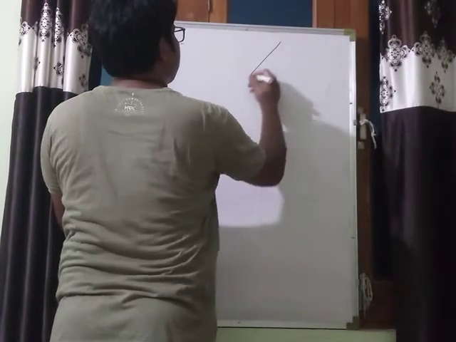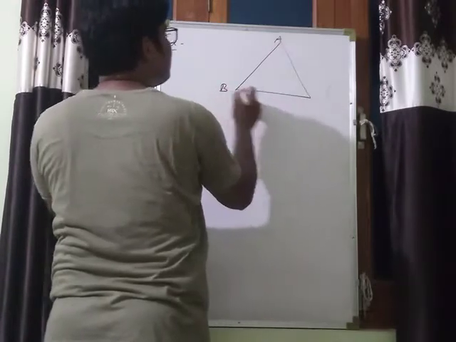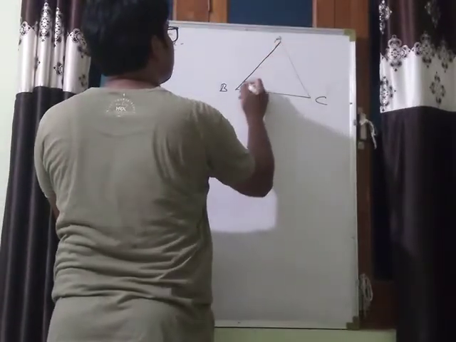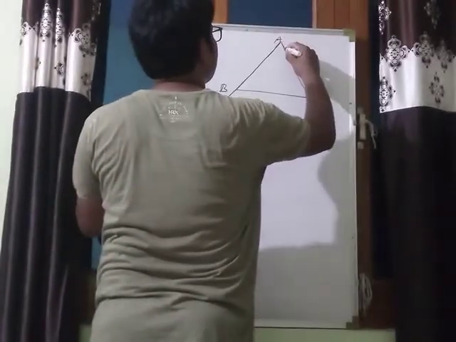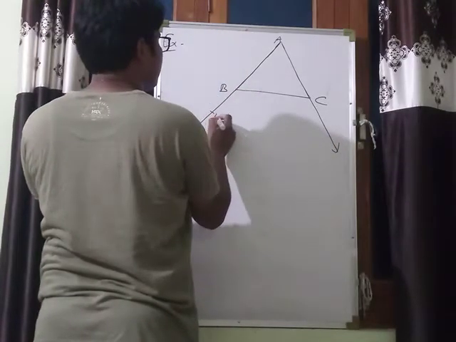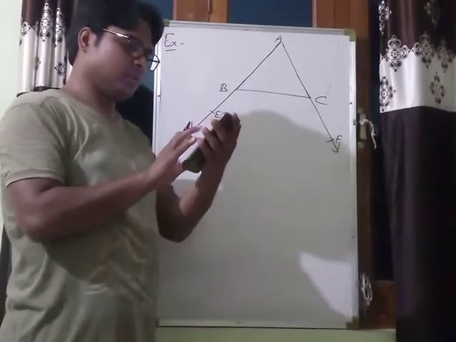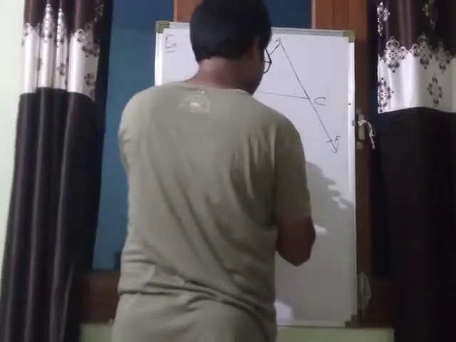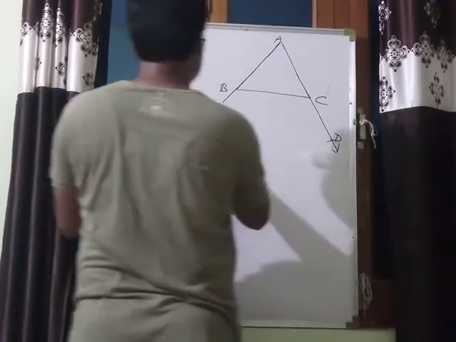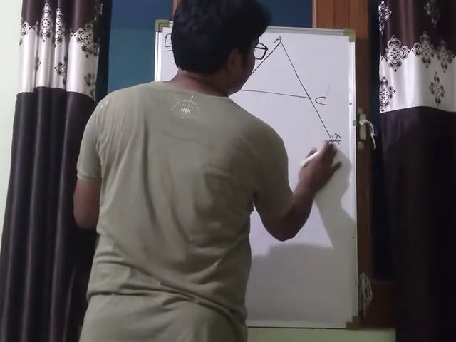See, this is a triangle ABC, and its sides AB and AC are produced up to E and D respectively.